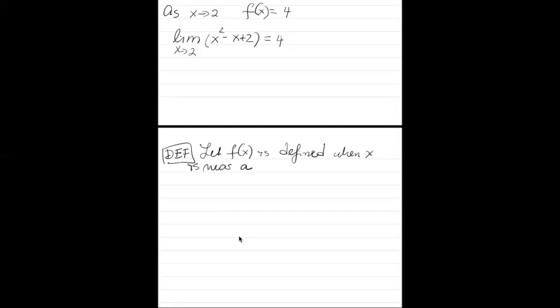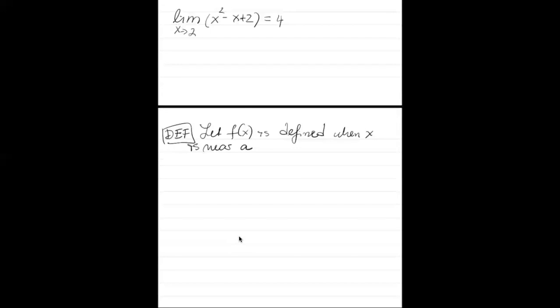In our previous example, our function was defined everywhere, including at the point 2. So we want f to be defined in the neighborhood of a. And what that means is defined in an interval containing a except at a itself. Then we write that the limit of f of x when x is approaching a is L.